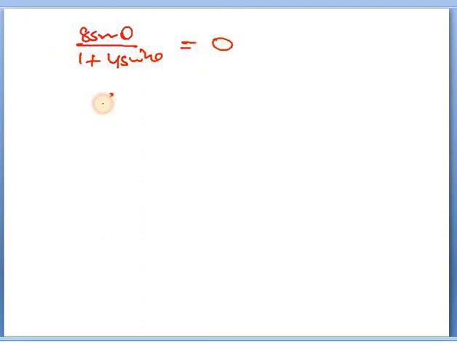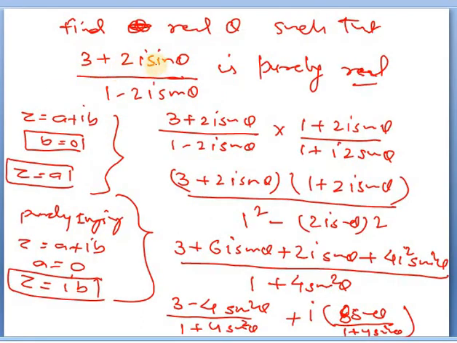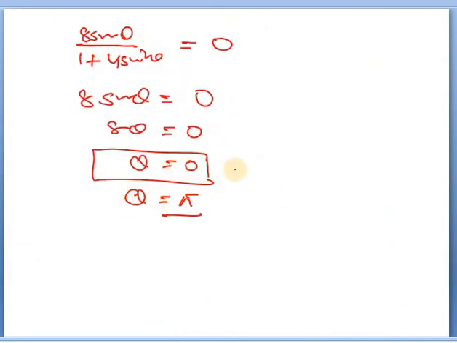If I cross multiply, 8 sin theta = 0, so sin theta = 0. Sin theta is 0 at 0 degrees, or at pi. So if it is purely real, then theta should be 0, right? So the answer is theta = 0. Okay, so this is how we can find this one.